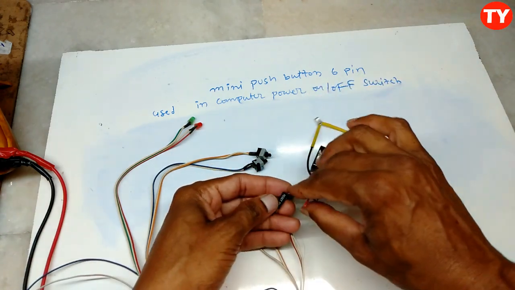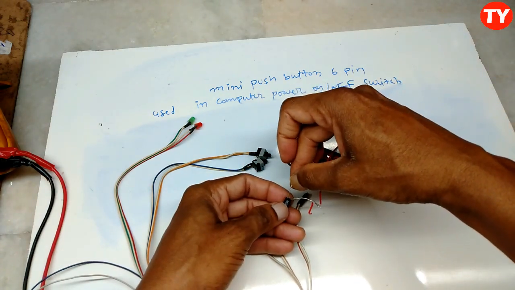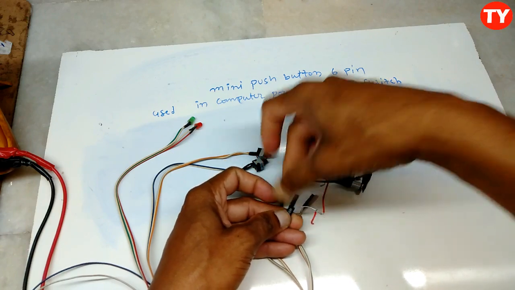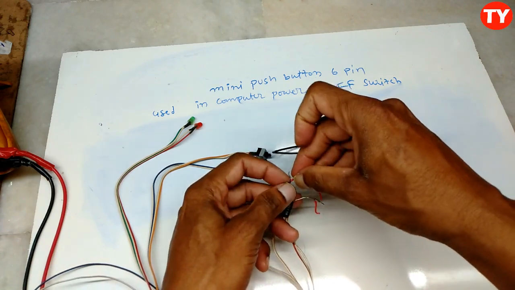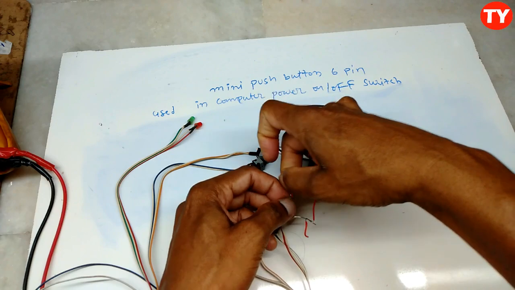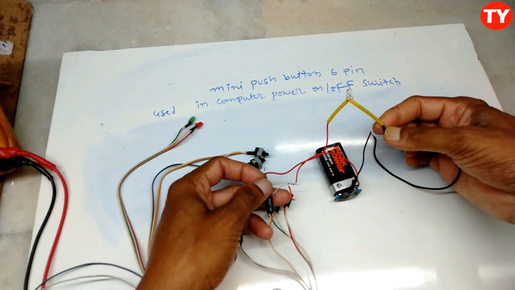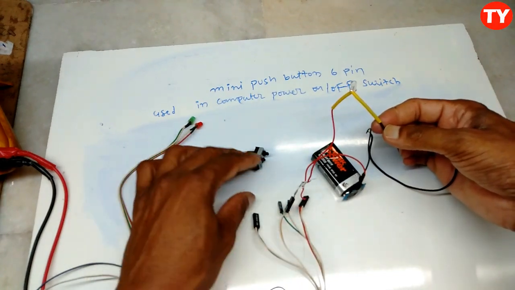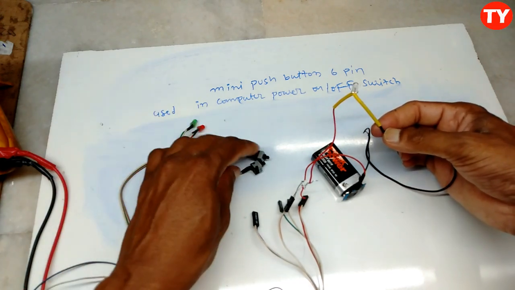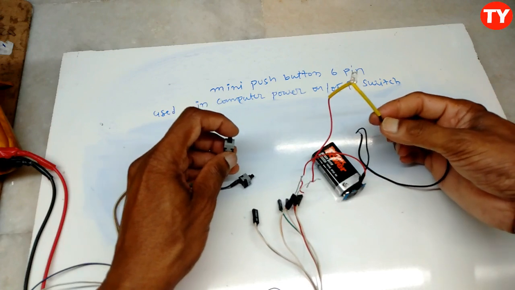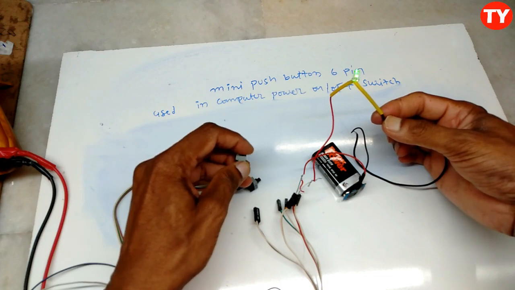If there is any short in the reset button, the light will glow continuously. No. In this condition also there is no light, which means there is no short in the switch. This one is the reset button, and now when I press this, it will glow. So the reset button is also working fine.